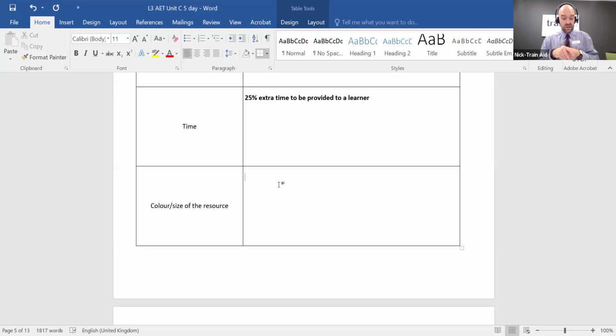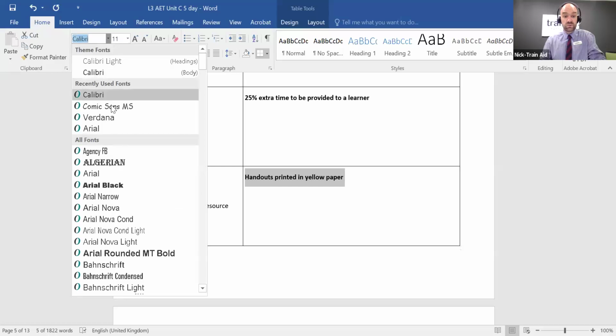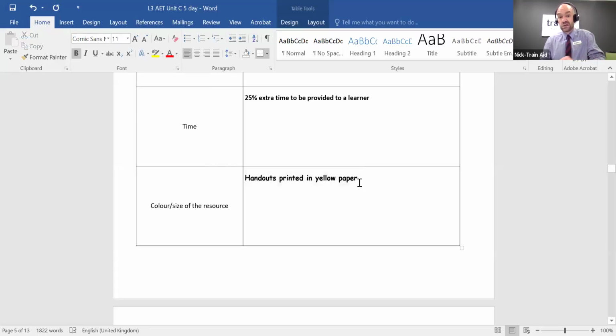Fantastic for dyslexic learners once again. So I'm going to put here handouts printed in yellow paper. So once again, it's going to support dyslexic learners, and you can of course use Comic Sans like I've just done there.